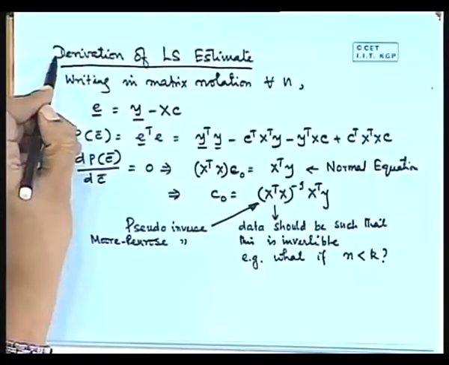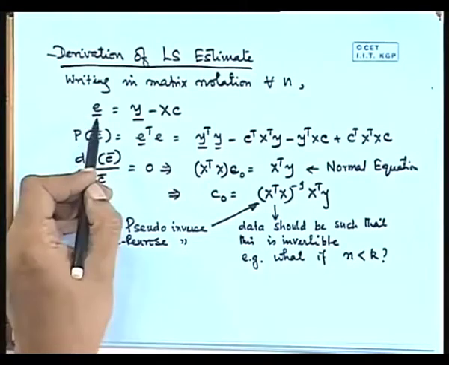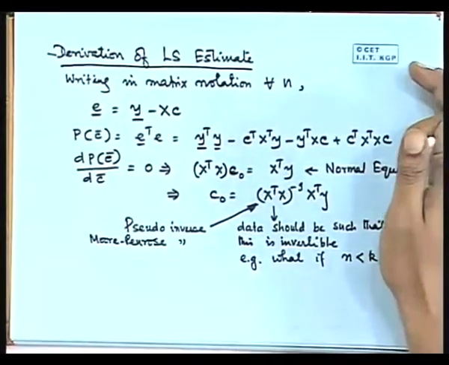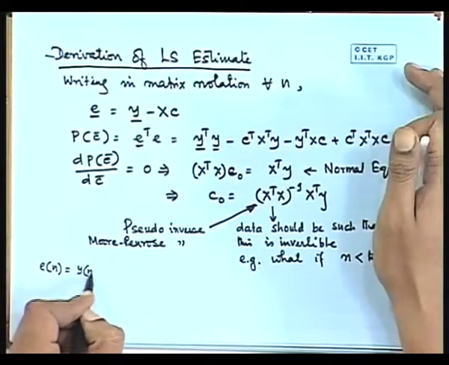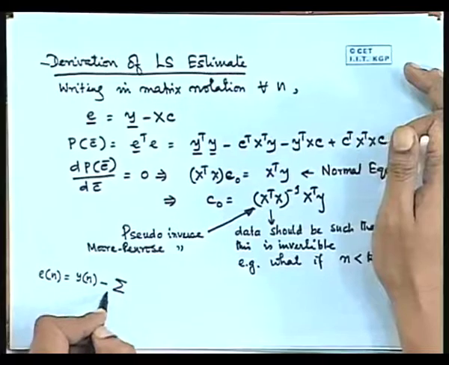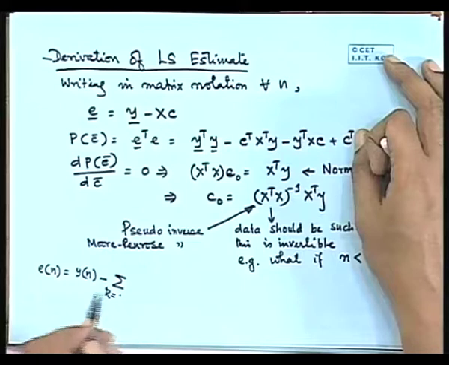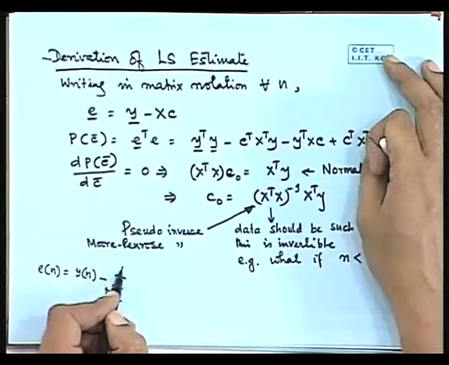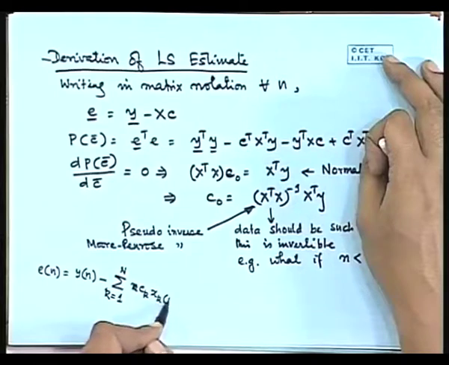So we will derive the LSE absolutely similarly. That's why I have not written all the equations. I have directly written this. If you want to understand how this equation is written, you can understand that En is equal to Yn minus the sum over k equal to 1 to n of ck xkn.